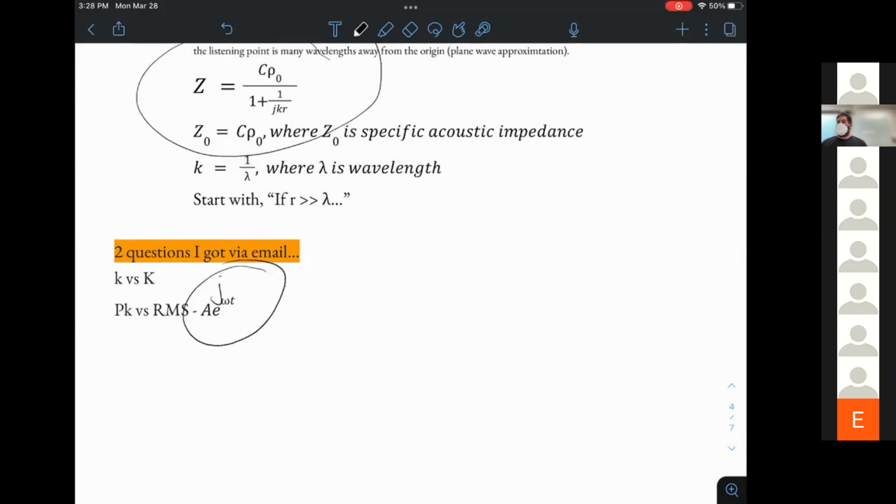Anybody have their Euler's identity on the tip of their tongue? What's the real part? A cosine omega t. So if I'm talking about e to the j omega t and I want the real part, I'm just talking about cosine omega t. And what's the largest that cosine omega t can ever be? 1, right? So the peak value, A, is the largest this whole expression can ever be.